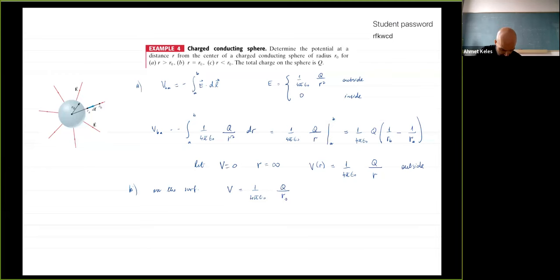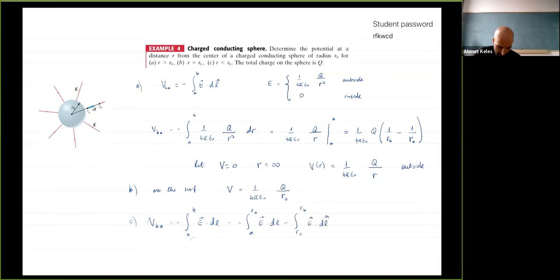And for C, now we need to take VBA is equal to minus the integral from A to B of E dot dl. So now we start from inside, some A inside. This is going to be minus the integral from A to R naught of E dot dl, minus the integral from R naught to RB of E dot dl.